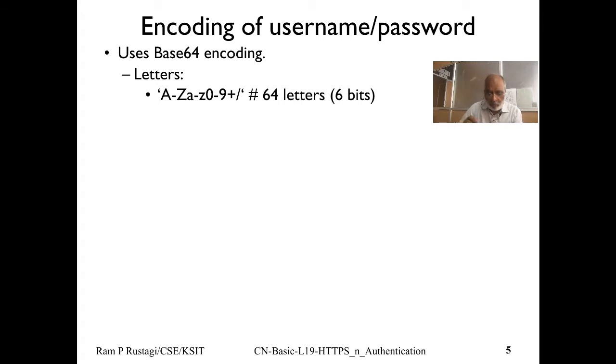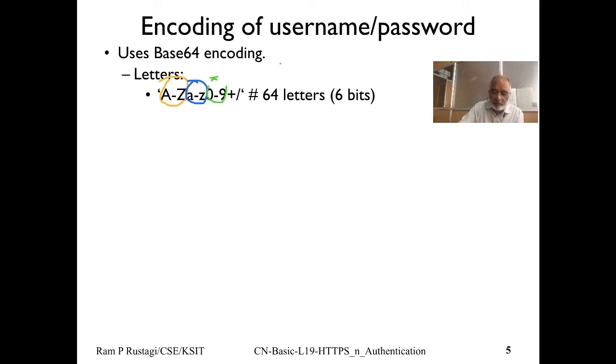The letters are given as follows. First, you have the capital alphabets A to Z, which is 26 letters. Then you have 26 small letters. Then you have 10 digits.